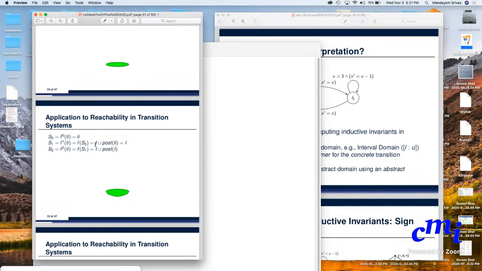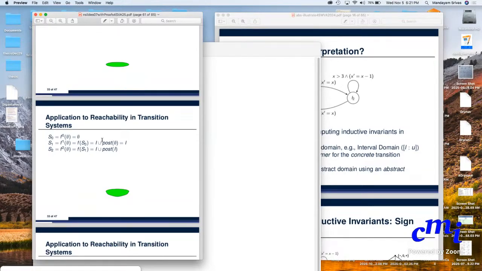Therefore, here you could ask the same question: why am I applying I to X? I'm not applying bottom to I. How did I get I here? Because I, as a predicate itself, and post of 0 is a predicate, and you take the union of that. Post of 0 is all I am applying that X for.